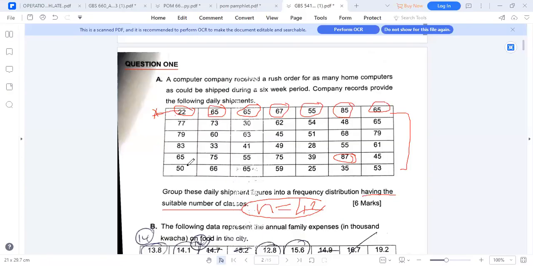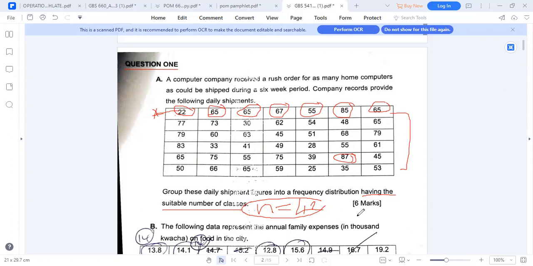The question says group these data shipment figures into a frequency distribution having a suitable number of classes. Okay, so we just need to get down to this one. So what is important now that we need to do?